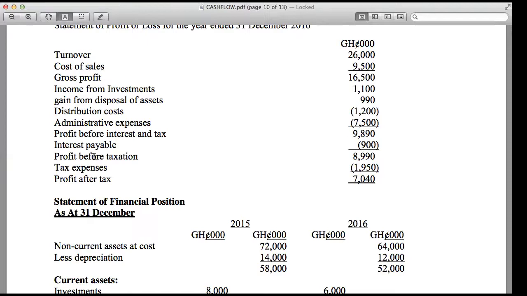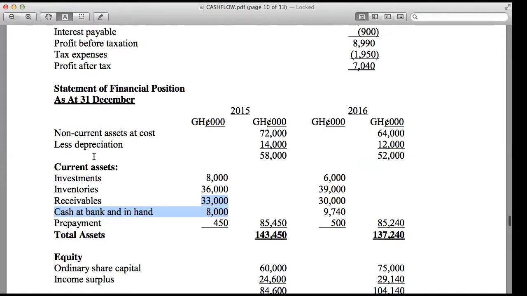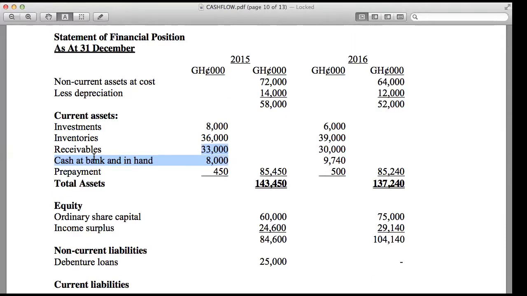For 2016, 2015. So we can get it. Inventory as at 2015 is what? 8,000 and what? 6,000, right? So the open inventory is 8,000. Meanwhile, the closing inventory is 6,000, right? So what's the purchases figure? Can you do the calculation probably for me?